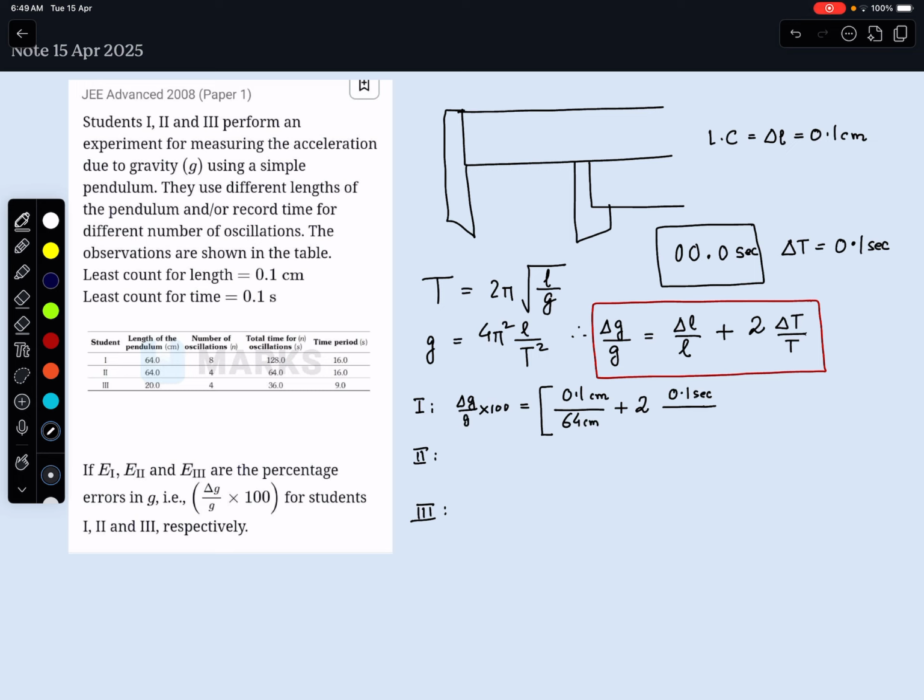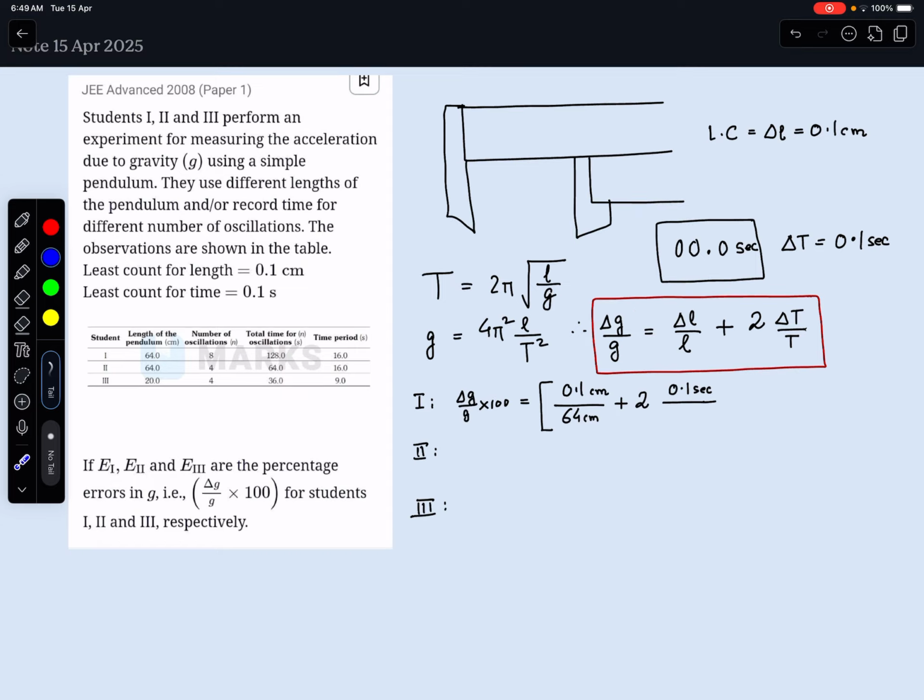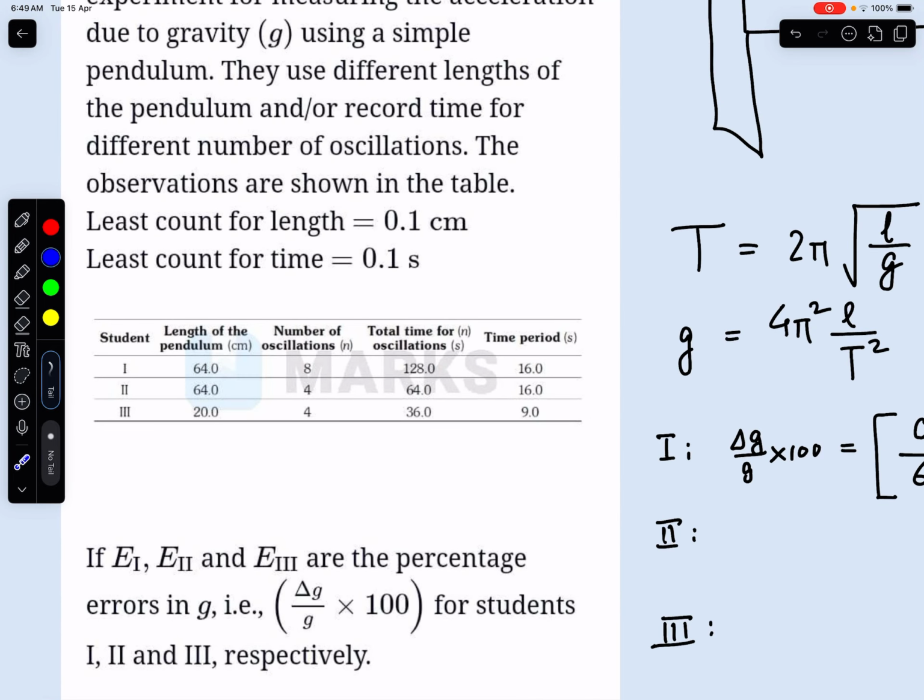So here, to test whether you know or don't know, it is given, I am showing it. Total time for oscillations is 128 and time period is 16. When you are measuring with the stopwatch, suppose many oscillations happen, you are measuring the time of all these oscillations.